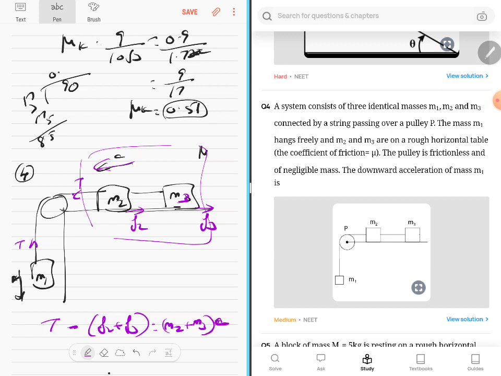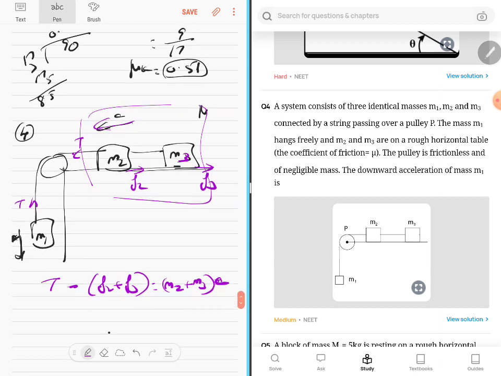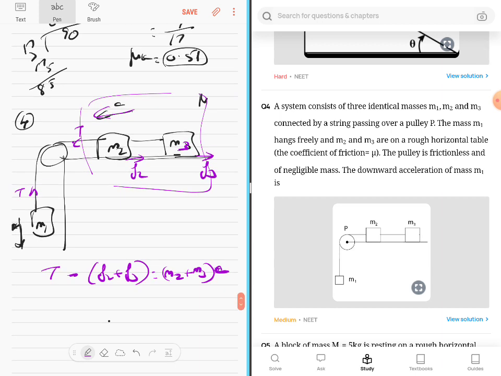And thus you get the first equation. You know what F2 and F3 are: μ into normal reaction. So T − μm2g − μm3g, where μ is the same for both.